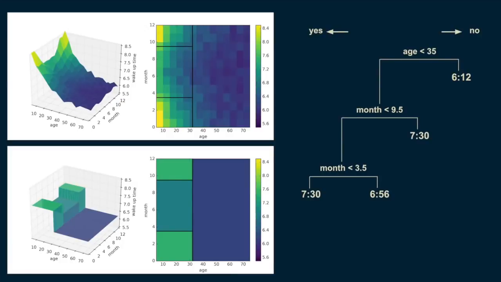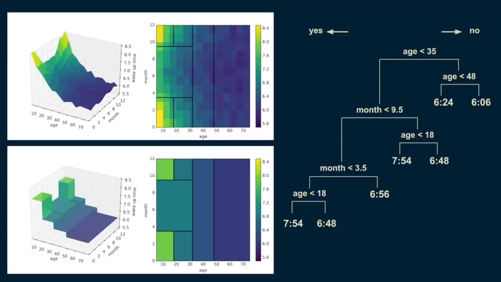Then we can revisit our over 35 population and split them again on age 48 to get a more accurate representation. We can also go back and subdivide our under 35 winter wake-up times on age 18. Someone under 18 in the winter will wake up at 7:54 as opposed to 6:48 for those over 18.